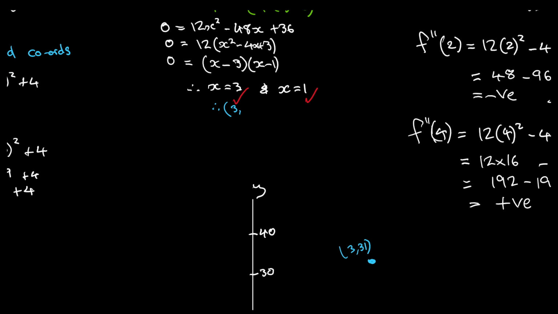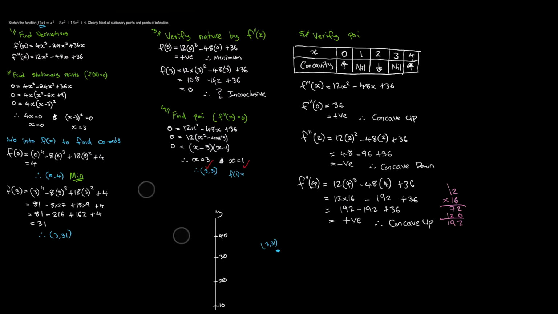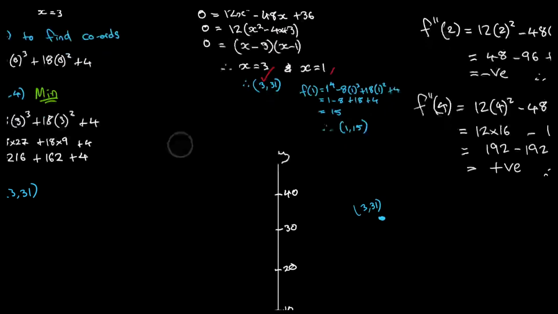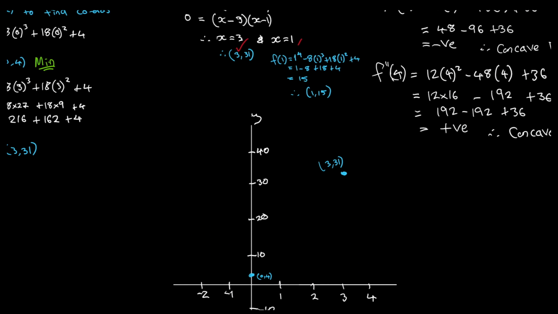So this coordinate was 3, 3. I need to sub x equals 1 into the original function, which was f of 1 equal to, what was the original function? And that'll give us that coordinate, so 1, 15.